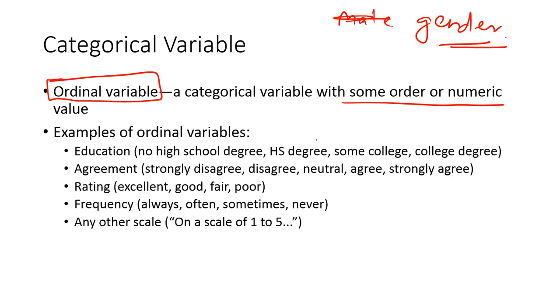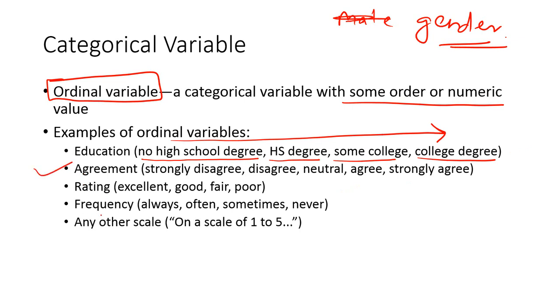That means we can arrange in ascending or descending order in terms of some quantifiable measure. So no high school education, high school degree, some college degree, in the order of higher education. The number of years of education increases with this order. This is why we call this an ordinal variable, because there is some order.